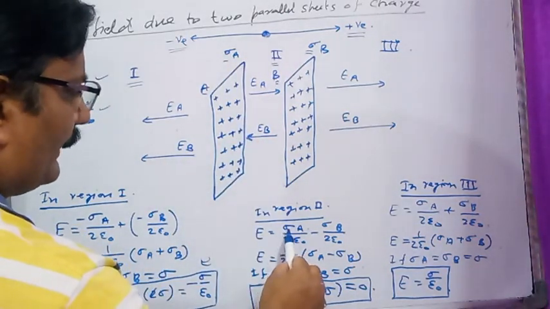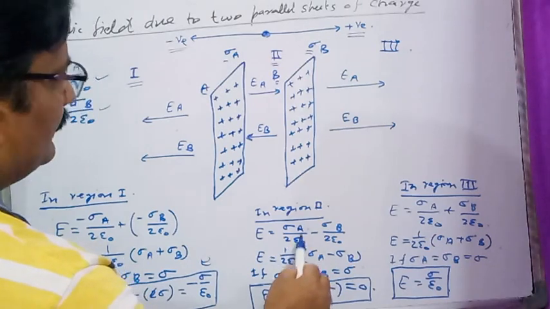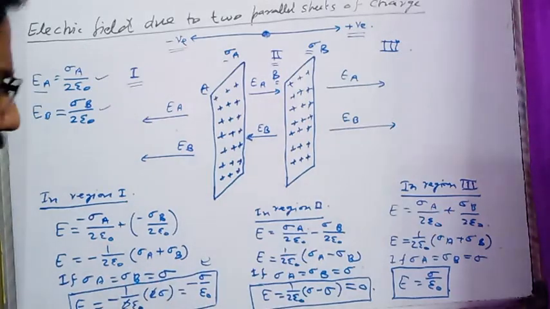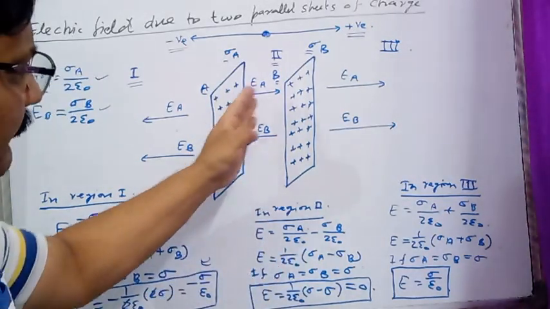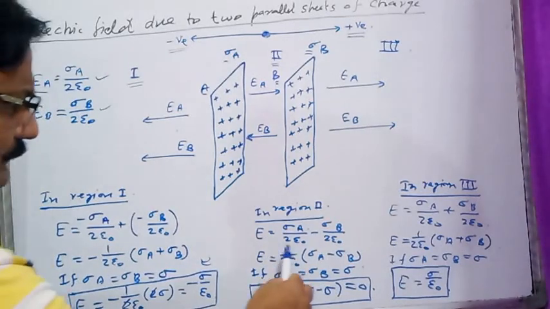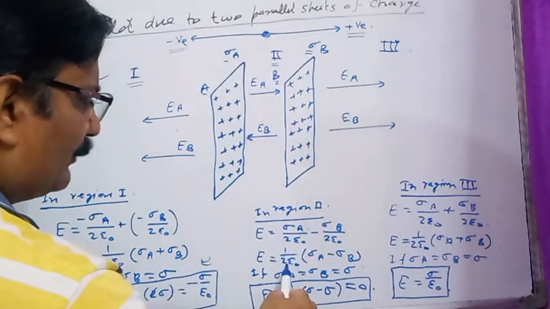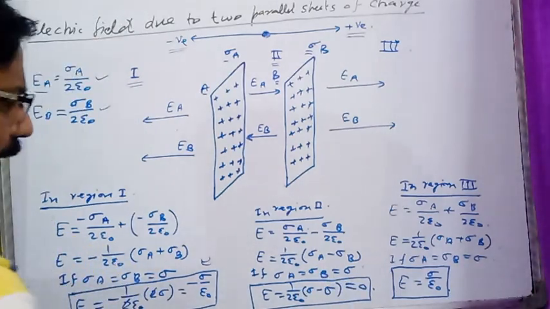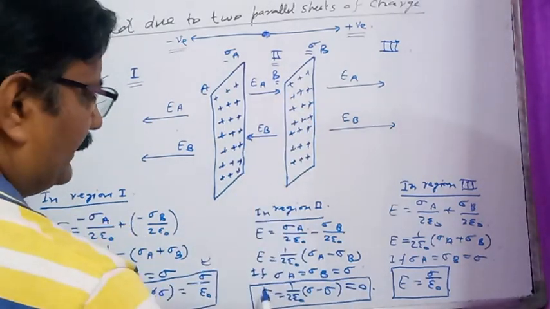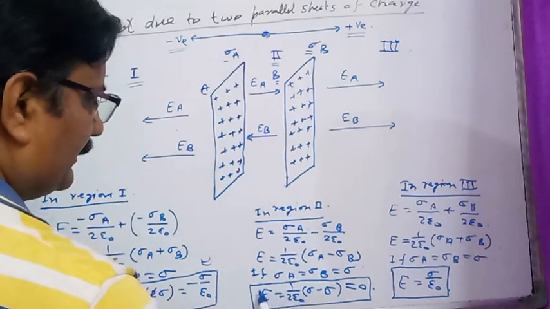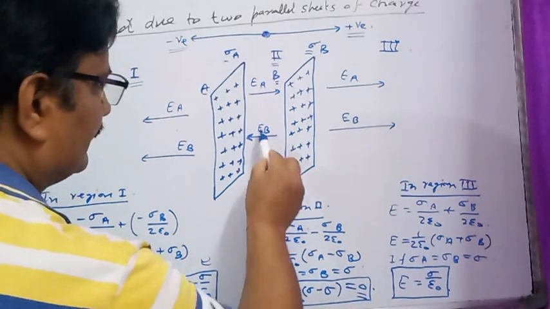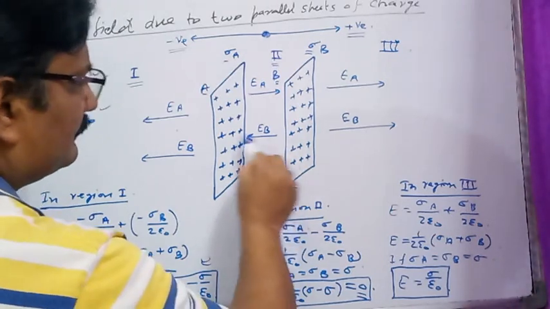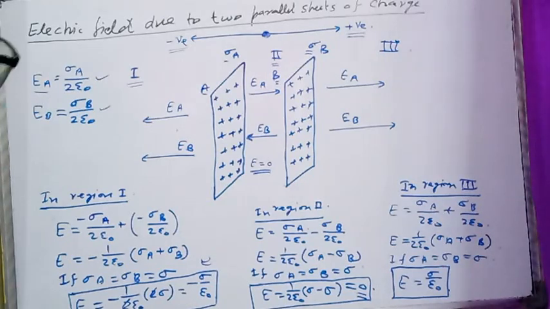E is equal to sigma A divided by 2 epsilon naught and minus sigma B divided by 2 epsilon naught due to vector sum of two electric fields of different directions. This is a subtraction. So 1 by 2 epsilon naught is common, sigma A minus sigma B. If their charge densities are equal, in that condition, the electric field is going to be 0 in this region. So electric field is 0 for equal value of the charge density on both the sheets.